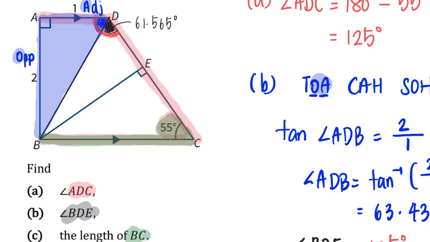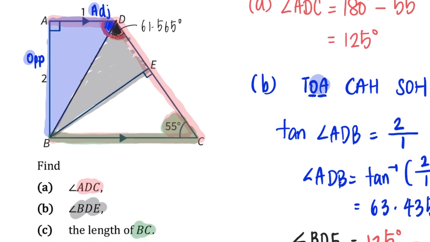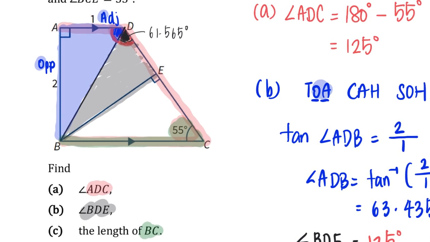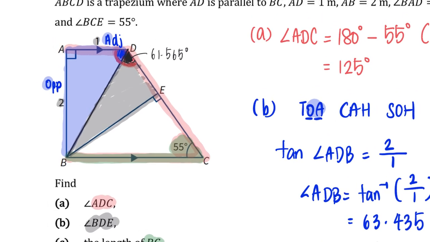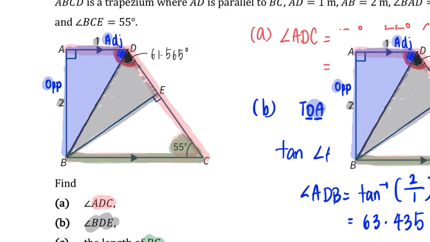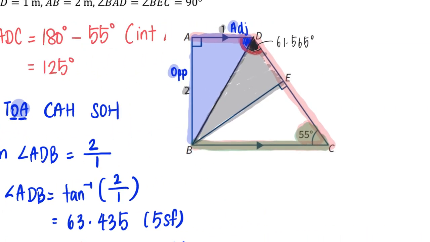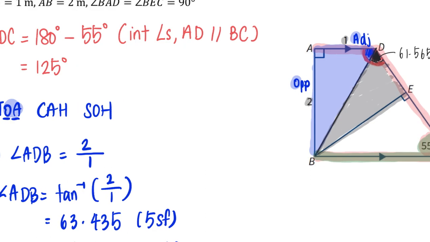And wait a minute, I could find the length BE using this black right angle triangle, because I could find the length BD using Pythagoras theorem, since I already have my 2 and my 1 here. So I'm going to cut out this diagram and place it over so that we can easily refer to it as we solve part C.